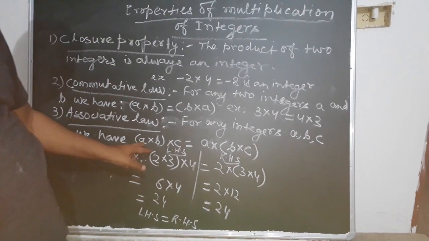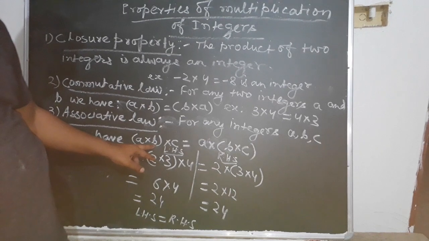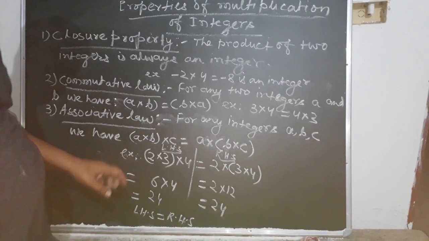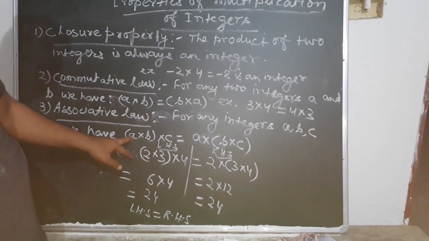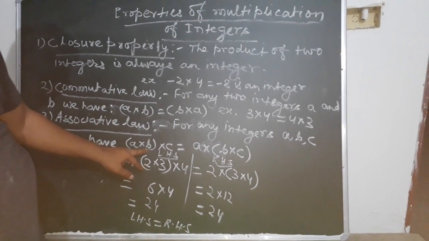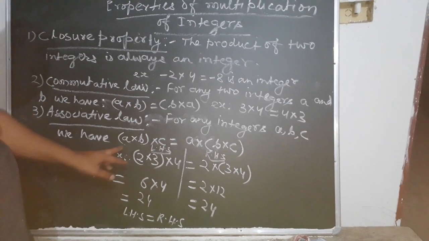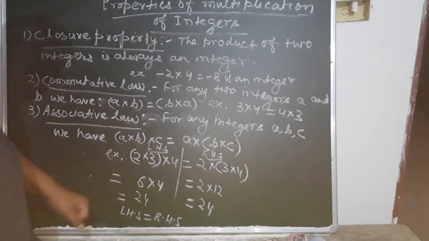So LHS is a multiplied by b inside the bracket and c outside the bracket. Suppose the value of a is 2 and the value of b is 3 and the value of c is 4. So we are solving LHS.